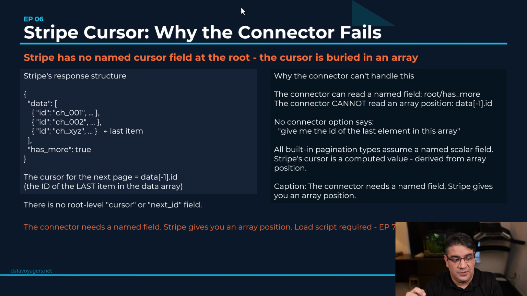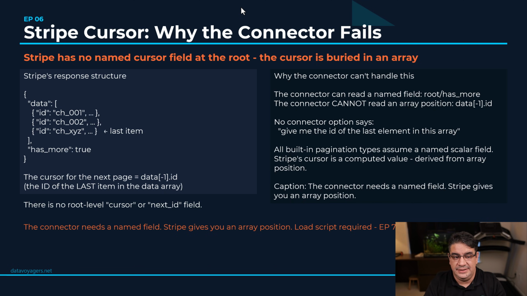Okay, so there is this. They have a flag, has more, true or false. That means is there a next page? And then in the next request that you have to do, you need to provide another field. I forgot the name of the field, but you have to include an extra parameter in your next call.